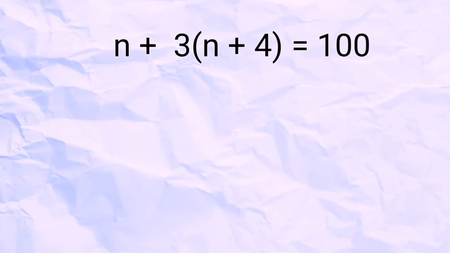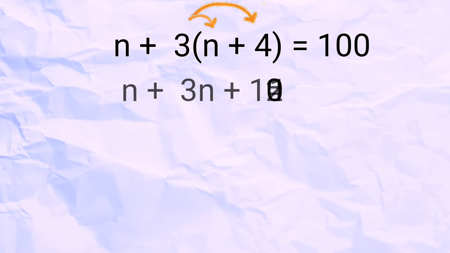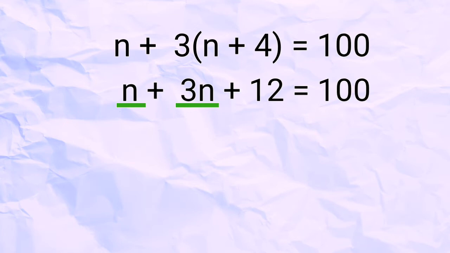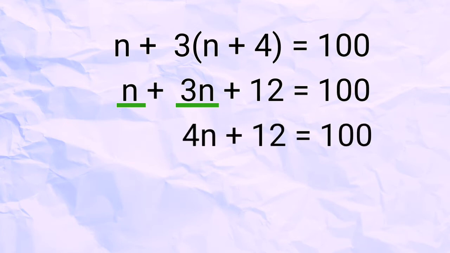N plus 3 times n plus 4 equals 100. So we'll start by simplifying the left-hand side of the equation. We'll distribute the 3, and we get n plus 3n plus 12 equals 100. Now we collect like terms, and we get 4n plus 12 equals 100.